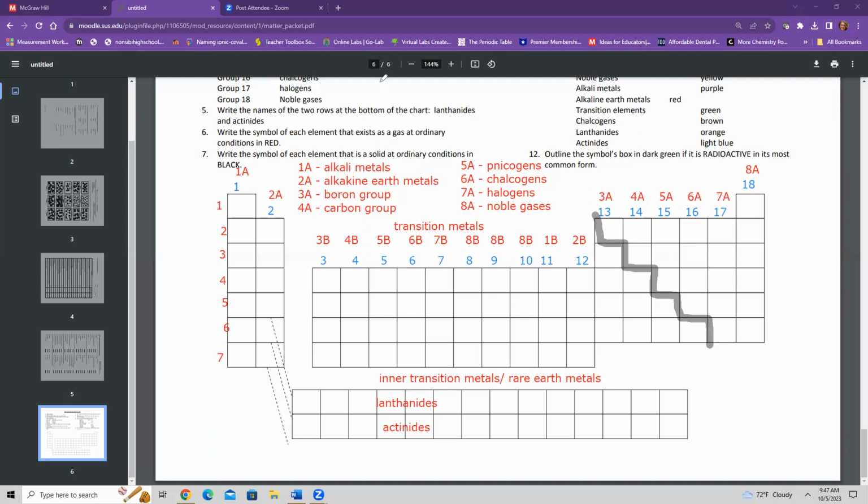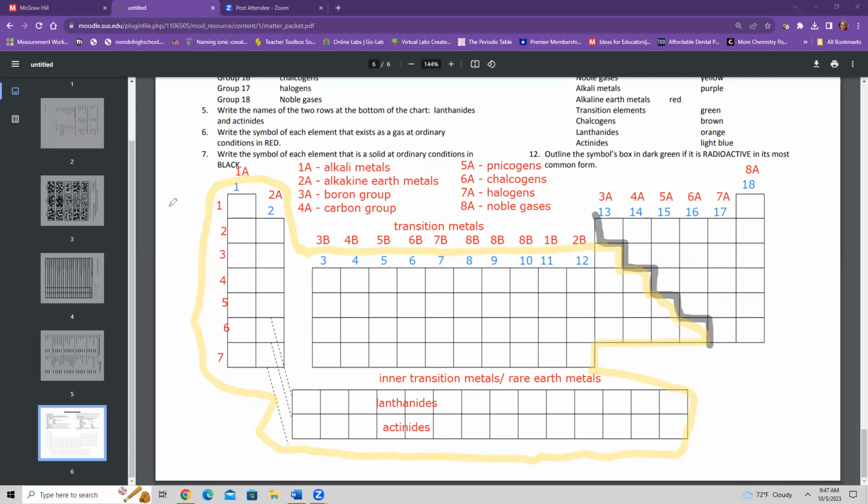I'm going to circle everything that is a metal in yellow, just so that you see it. Of course there will be some exceptions, but basically all of this, everything here, all of that, all of this, all those are metals.